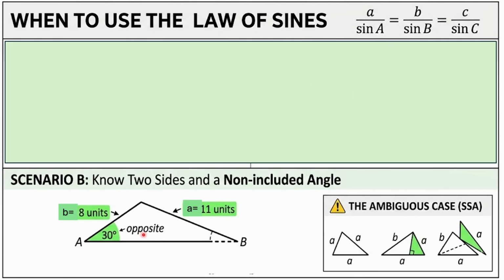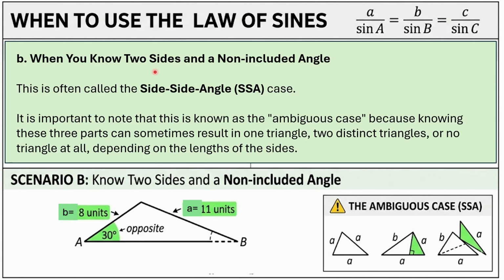When to use the law of sines? When you know two sides and a non-included angle. So this is often called the side-side-angle or SSA case. It is important to note that this is known as the ambiguous case because knowing these three parts can sometimes result in one triangle, two distinct triangles, or no triangle at all, depending on the length of the side.